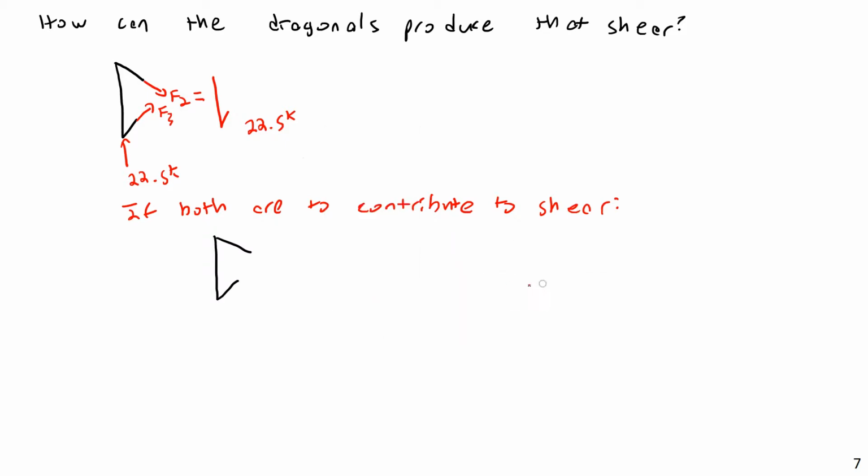Let me show you here. F2 would be in this direction, and F3 would be in this direction, and we'd have a 22.5 kip here. So F2 would be in tension, and F3 in compression.